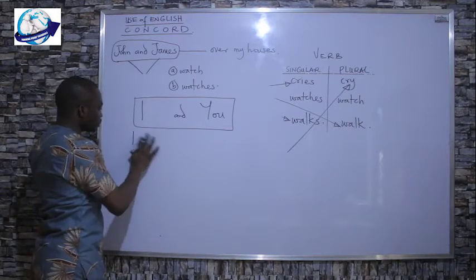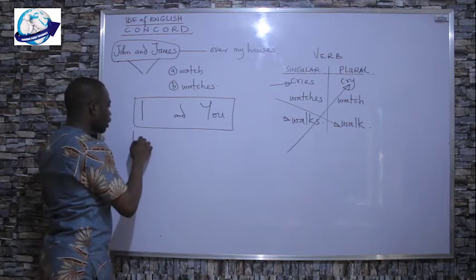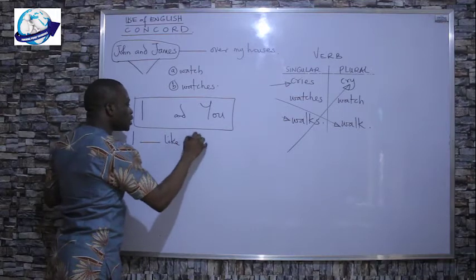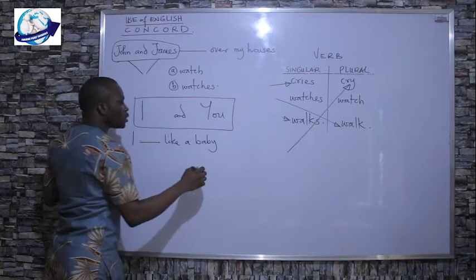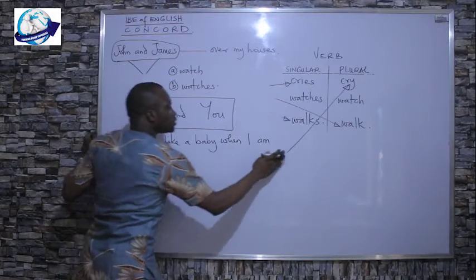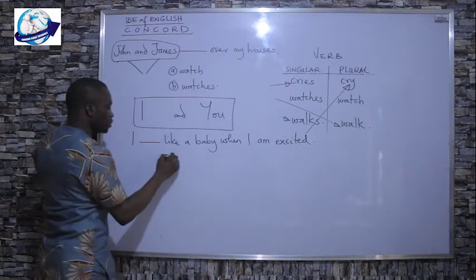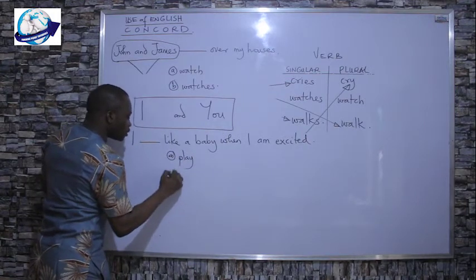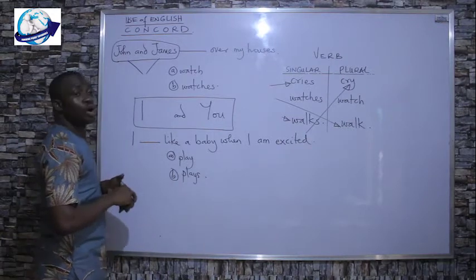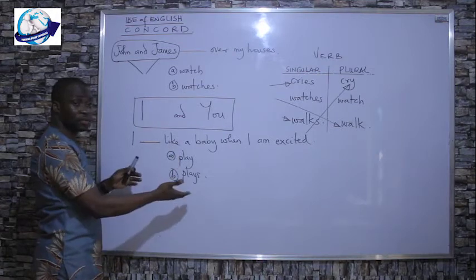I dash like a baby when I am excited. And I'll give it two options now. If you are the one, what would you take? I have two options here, play and plays.